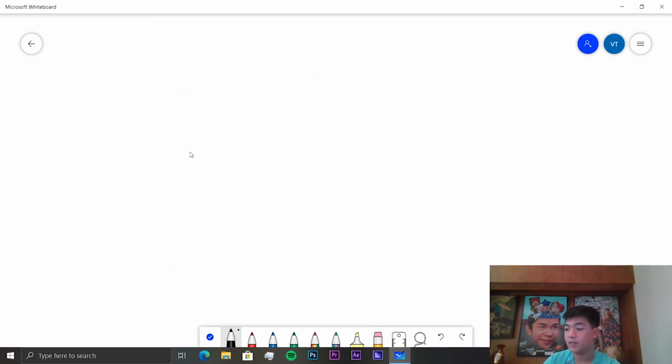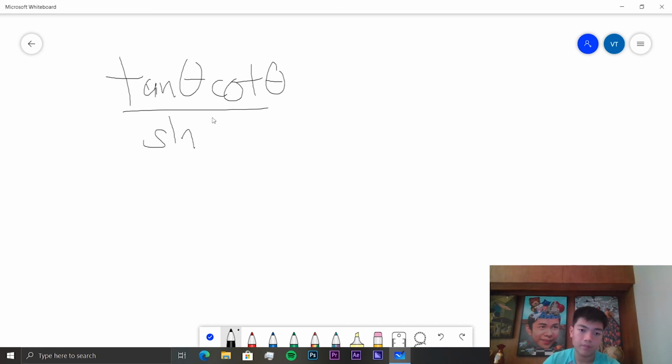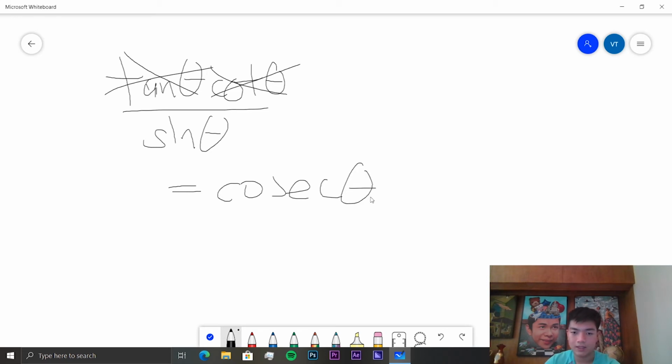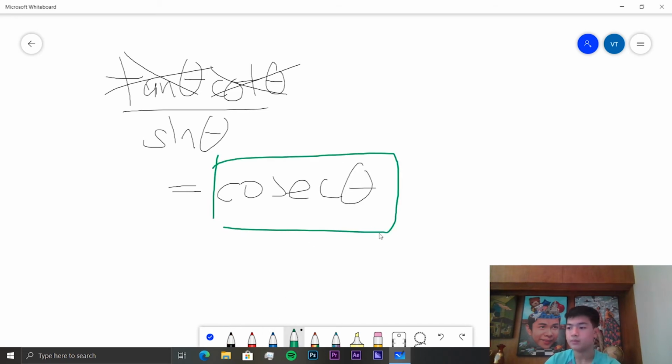Finally, we have tangent theta times cotangent theta over sine theta. These two cancel out, because this is tangent times 1 over tangent, so this should simply be 1. So this is 1 over sine theta, which is equal to cosecant theta. So that is it.